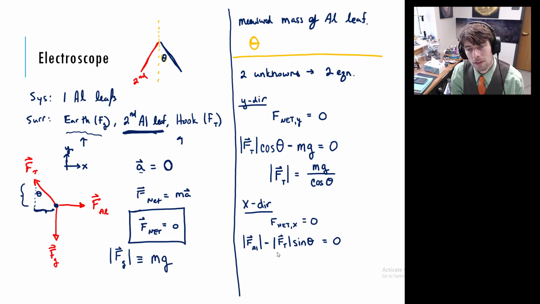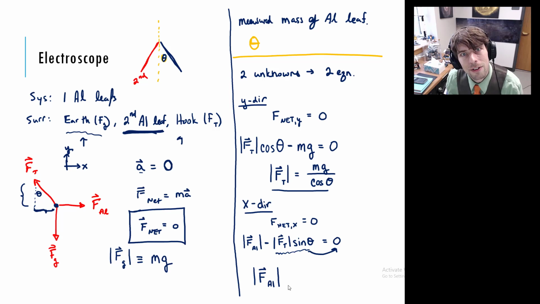At the end of the day, the force of the second aluminum piece on the first is equal to mg over cosine of theta, that's the expression for the tension force, times the sine of theta.